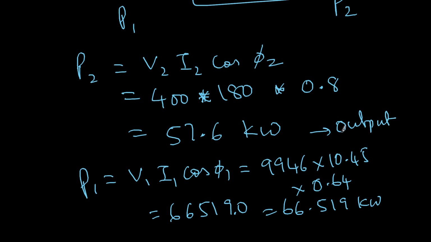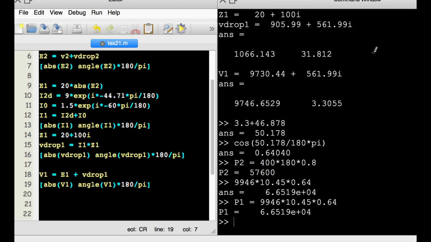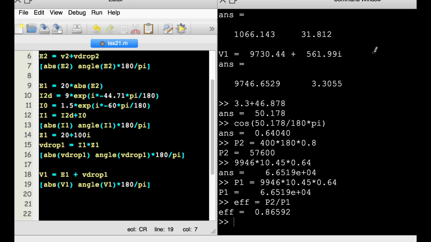So now I have these two. I ran out of space, so let me calculate the efficiency here. Efficiency is P2 by P1, output by input. If I store this as P1, then EFF equal to P2 divided by P1. So 86.59%.